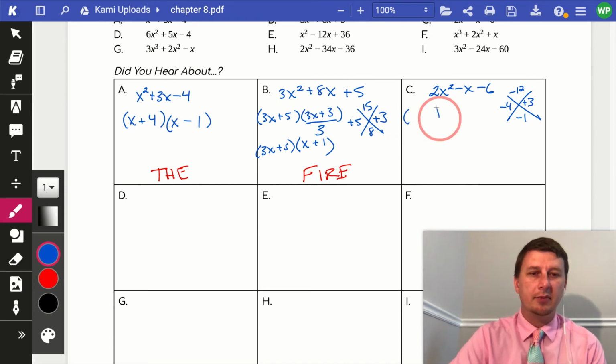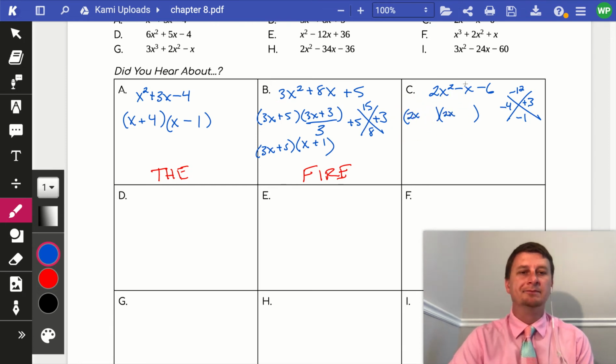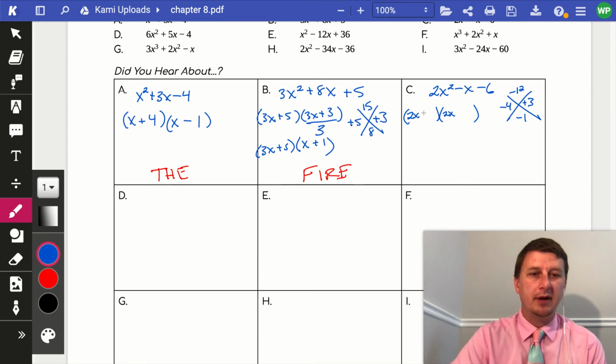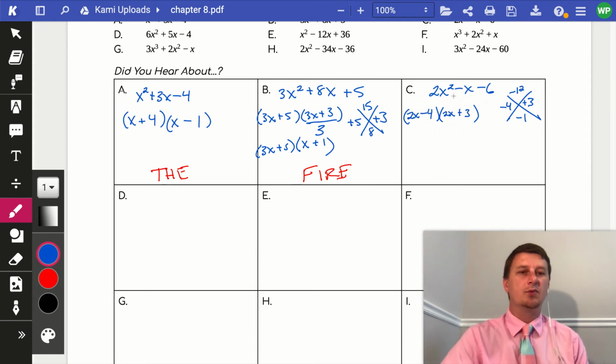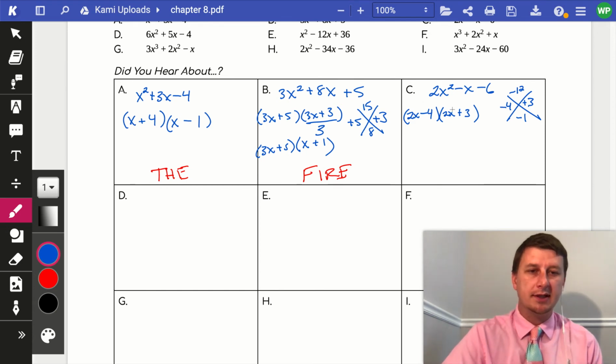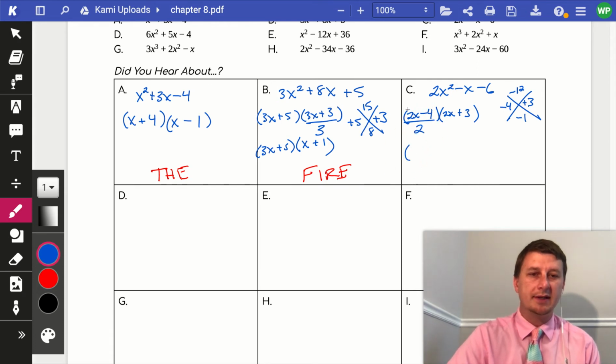So I'm going to go ahead and open up two sets of parentheses. I'll start one off with my a term, 2x and 2x. And now I'm going to put in my factors of -4 and +3. Now, is one of these parentheses divisible by 2, since that's my a term? And my answer is yes, this one is divisible by 2. So when I divide this by 2, 2x divided by 2 is x. -4 divided by 2 is -2, times 2x plus 3.